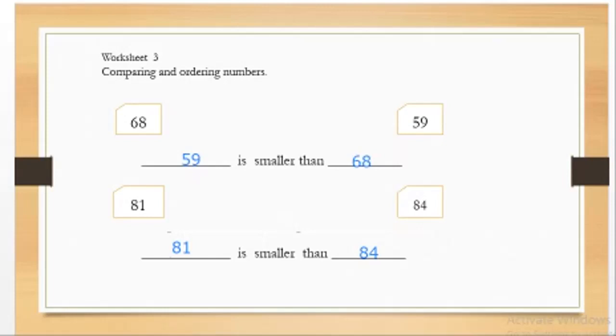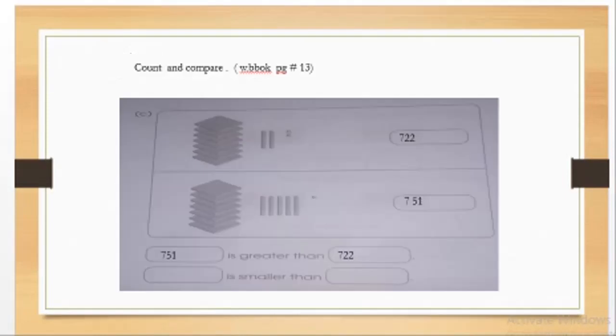So before going to move on to the next slide, let me clean my board so we can have a clear look at our next slide. Yes, this is the page that I copied the same way from your workbook, in which you are going to read the number with the help of the picture.